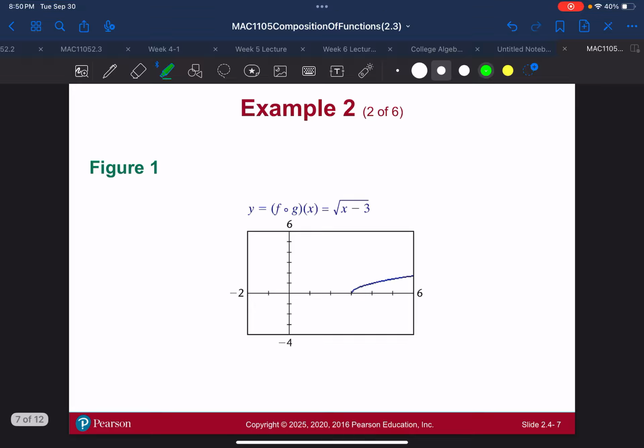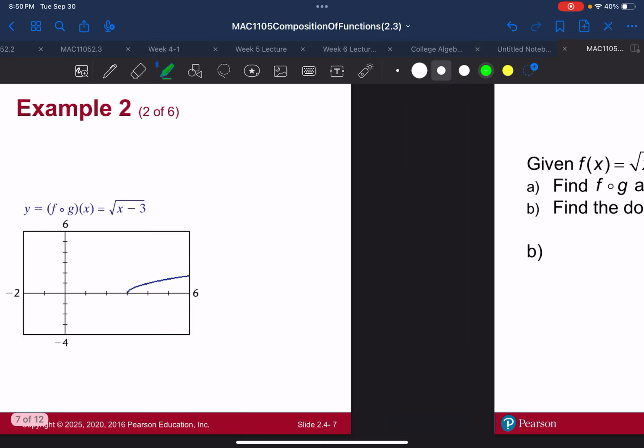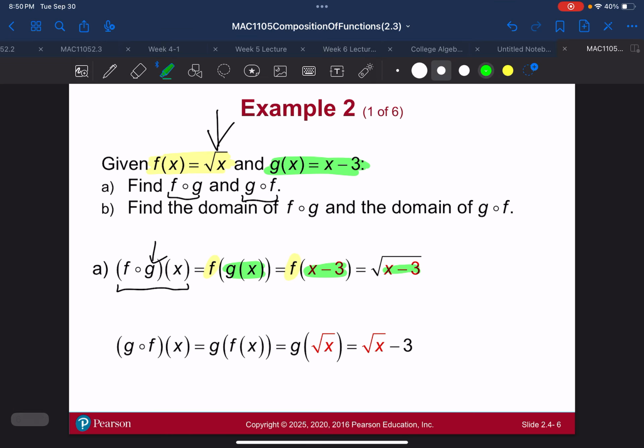Okay, so before we talk about the domain of this first composition function, let's find the next one, g of f.